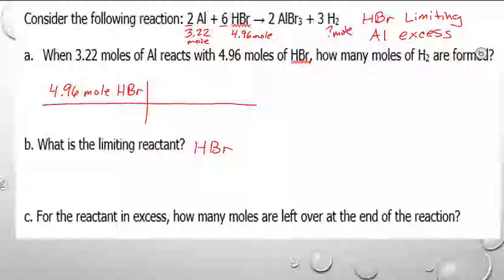I'm going to be using the 6 and the 3. So on the bottom, I'll put 6 moles HBr, and on the top I'll put 3 moles of H2. Moles of HBr would go out, and I'm done. All I have to do is times it by 3, divide it by 6, and I've got moles of H2, which is what they wanted.